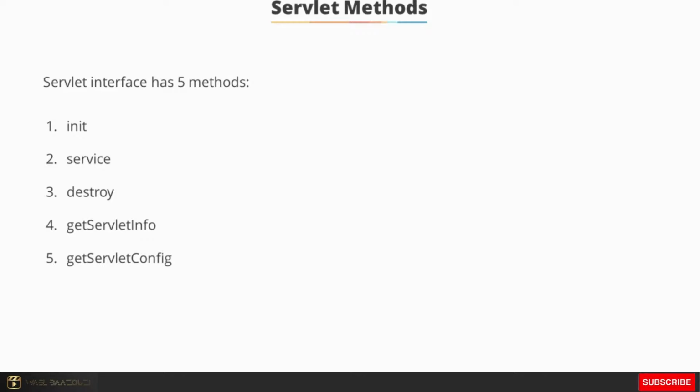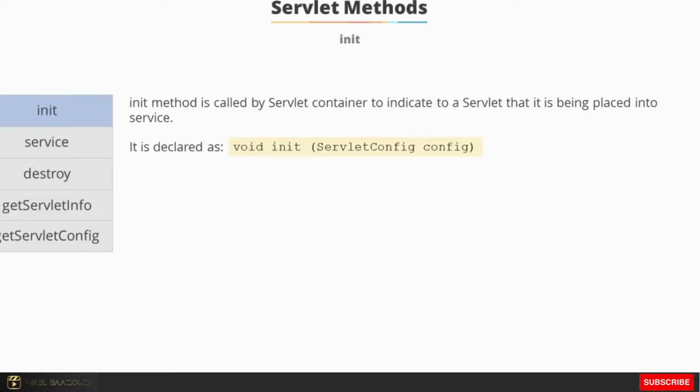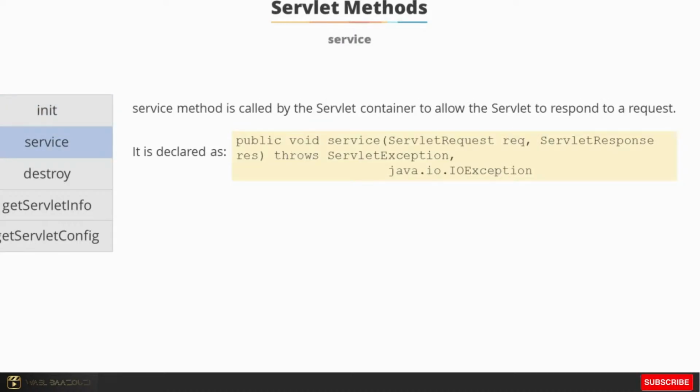The Servlet interface has 5 methods as part of it: init, service, destroy, getServletInfo, and getServletConfig. The init method is called by the servlet container to indicate to a servlet that it is being placed into service. It is declared as void init and it takes a ServletConfig object.